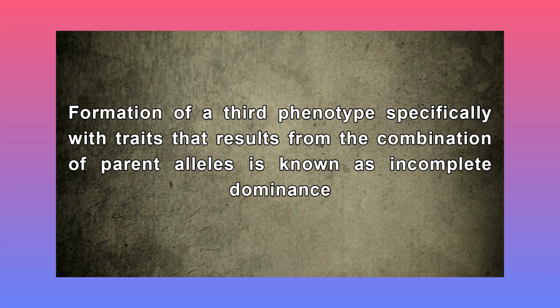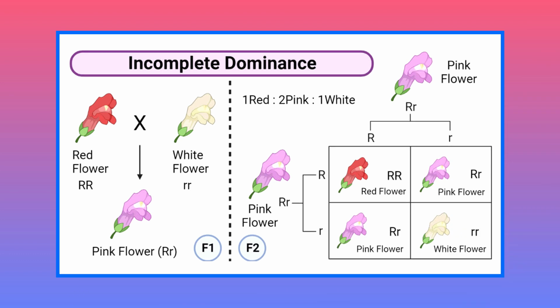The formation of a third phenotype, specifically with traits that result from the combination of parent alleles, is known as incomplete dominance. Incomplete dominance is also referred to as intermediate inheritance in terms of trait expression, where none of the alleles from the paired alleles is expressed over the other for a specific trait.